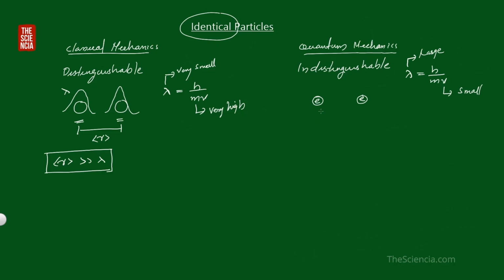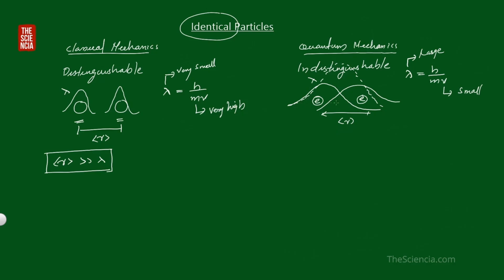And here you see the wavelength of each of these electrons is very high, so it will look like this. And for the other electron, the wave function will look like this. So when we are seeing these two electrons, we observe a common wave function. This is the average distance between these two electrons, and this is the wavelength.